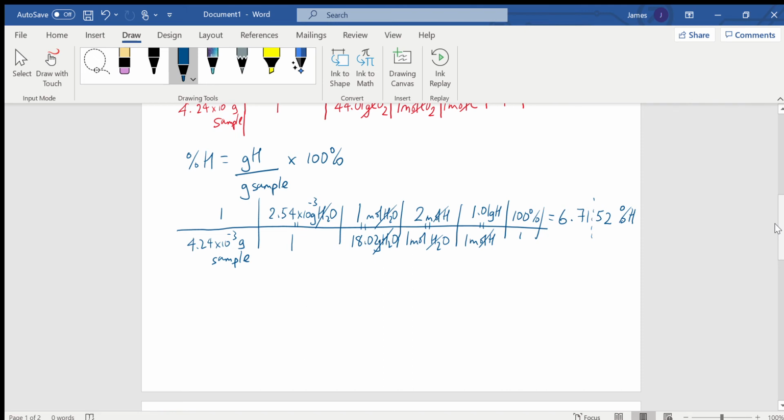But I do know that the percent oxygen is going to be everything minus the stuff I know that it's not oxygen. So 100% of the sample minus the percent carbon minus the percent hydrogen. So that's what I do know, and that's how I'm going to calculate the oxygen.